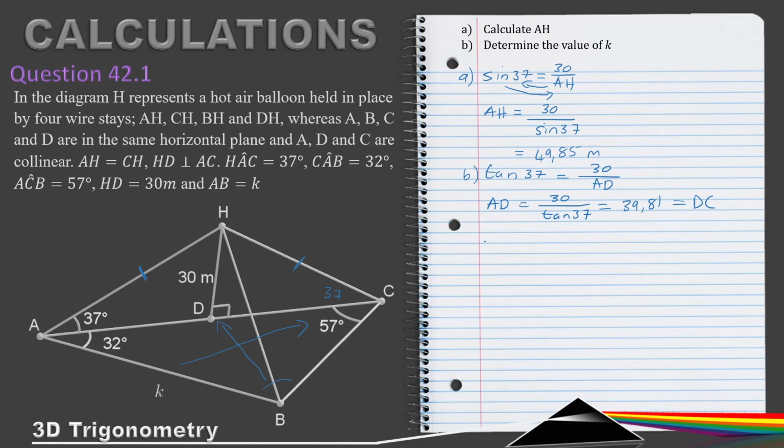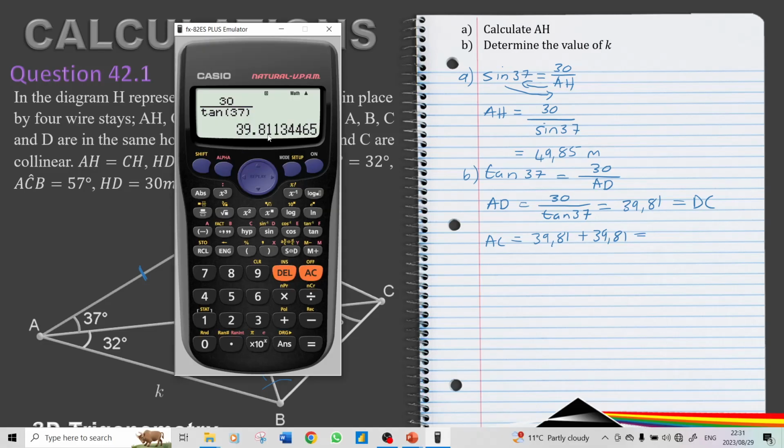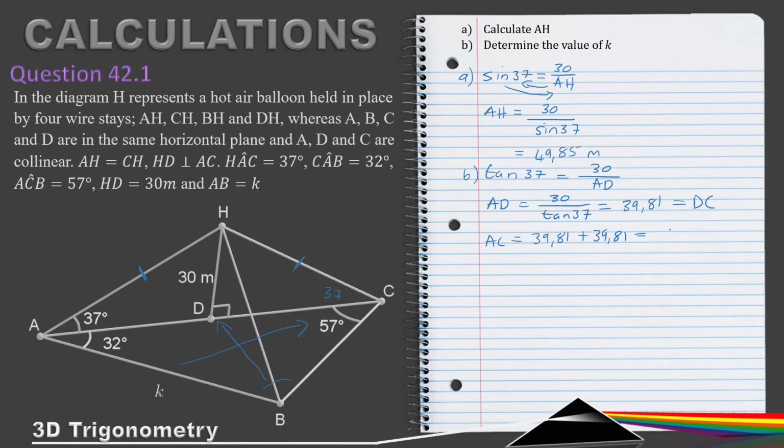So if we want to find AC, it's going to be equal to 39,81 plus 39,81, and then we can just take this and multiply it by 2, which is then 79,62. Okay, now that we have that, we can write that 79,62.